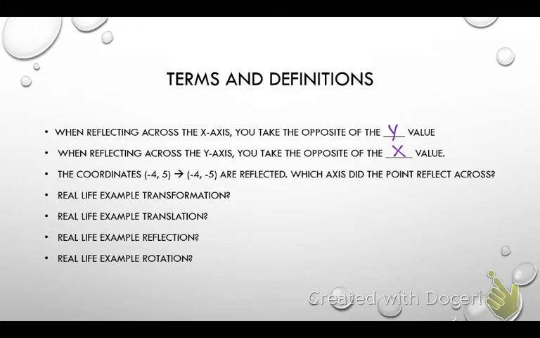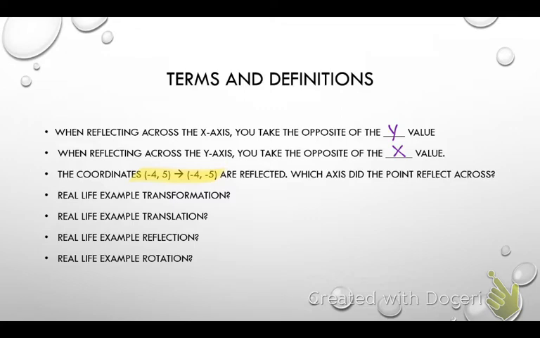All right, so answer the next question. You have these coordinates. Which axis was reflected? X, Y, both, or neither? Don't say it out loud. Write your answers down. Nick?